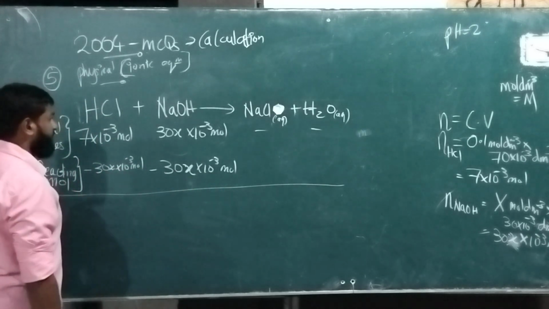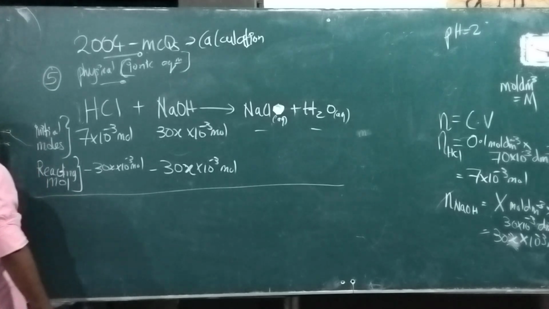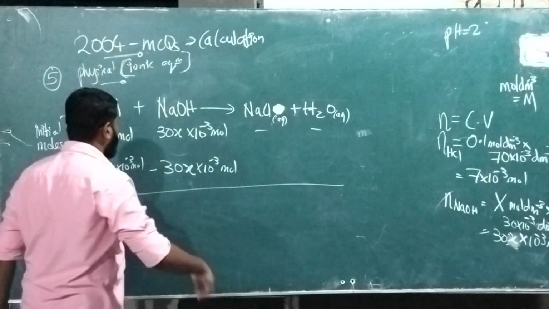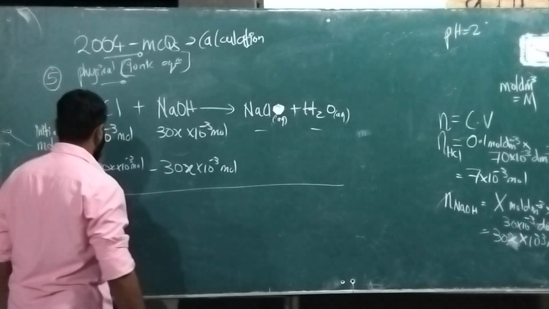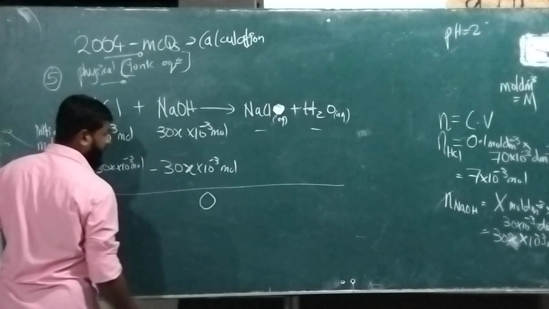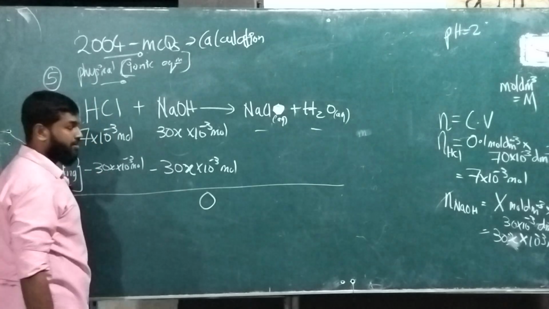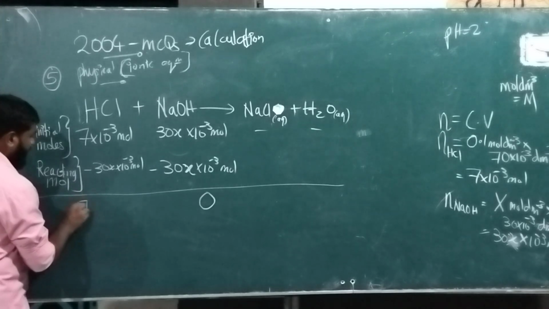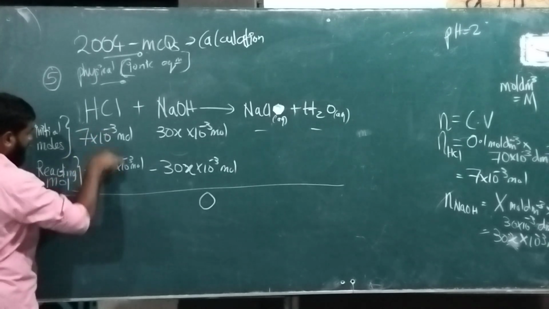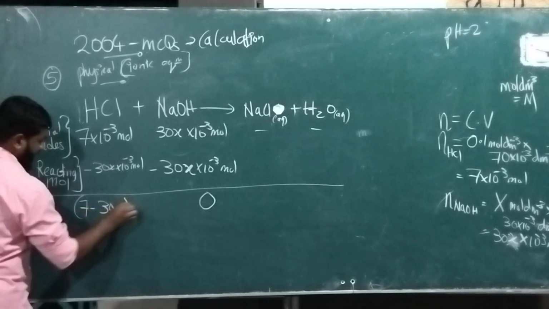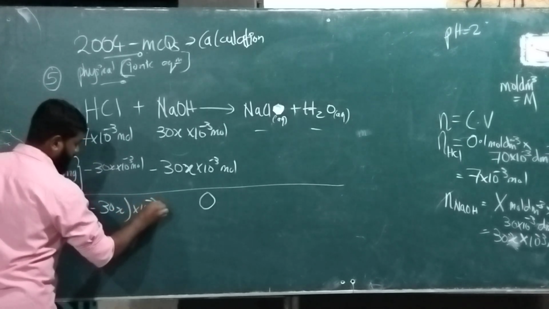So finally, for the resulting solution, you have the limiting reagent at 0. The remaining HCl is going to be 7 minus 30x, taking 10 to the power minus 3 in common, so 7 minus 30x into 10 to the power minus 3 moles.